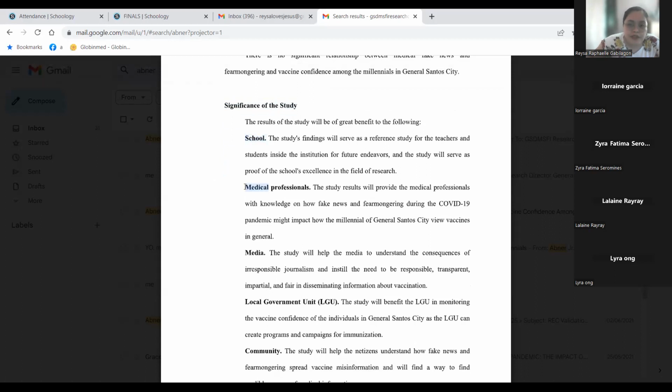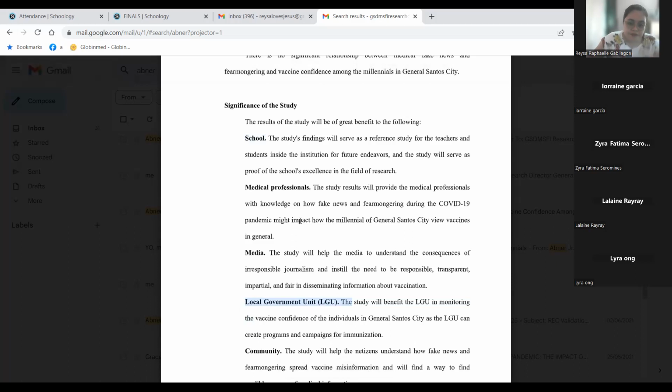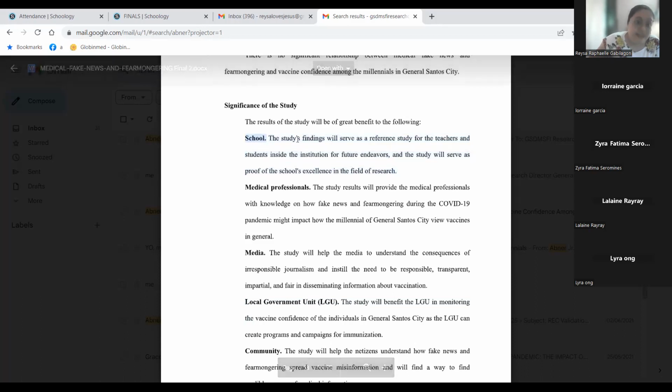So let's just capitalize this one. No need to capital the second word. And except for nouns and like this one, the LGU, that's the exception. But again, it should be bold and then followed by a period. Okay, after the period, hindi na siya naka-bold. Dito na yung parang explanation or discussion ng heading mo.